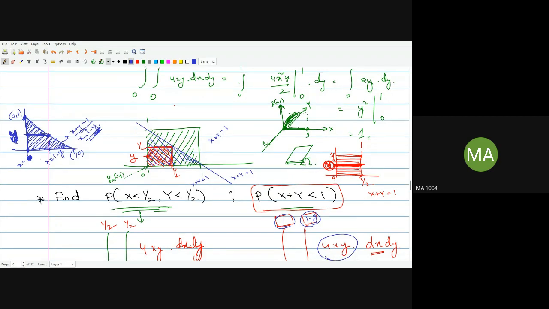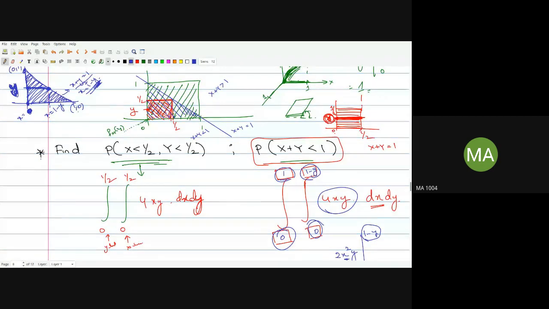So we have f(x) inside, which is summing over x. It's not summing, you are just multiplying this height into this length. So we are doing that area first. Then we multiply the breadth, which gives us the volume under this curve 4xy.